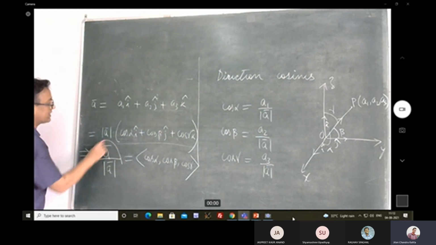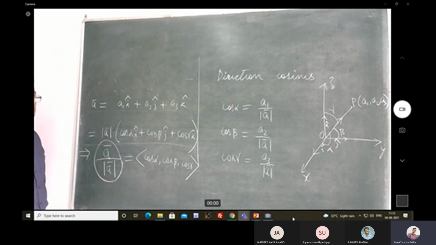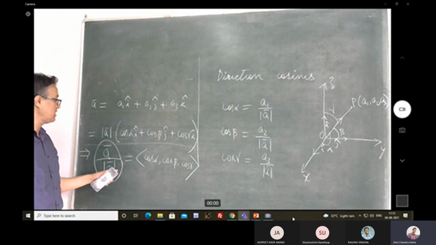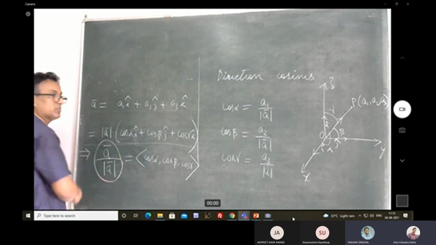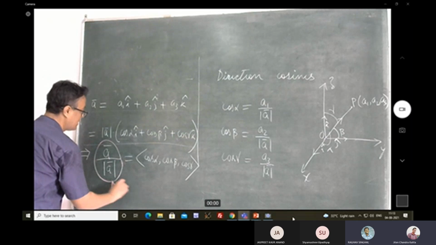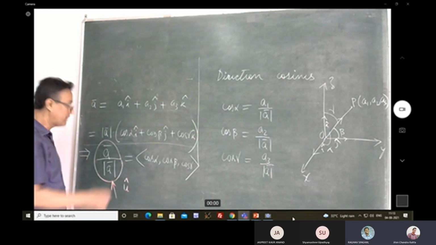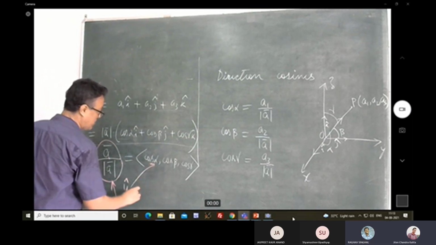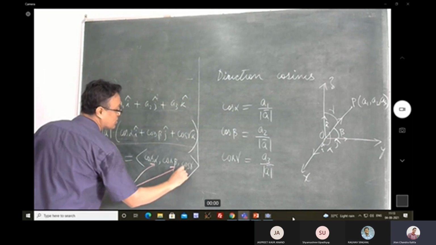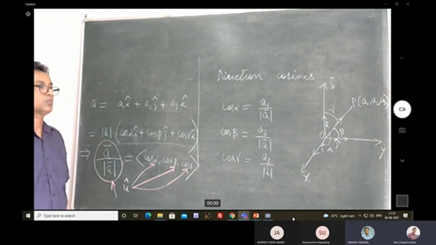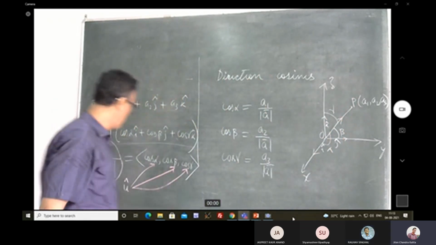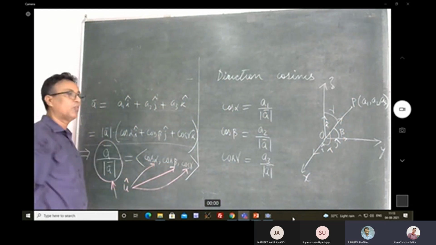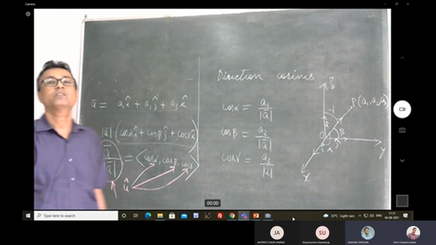Now, if you look at this expression, it is a unit vector because I am simply dividing A by its magnitude. So that means cos alpha, cos beta, cos gamma, which are nothing but the direction cosines of the vector OP, are nothing but the components of a unit vector.